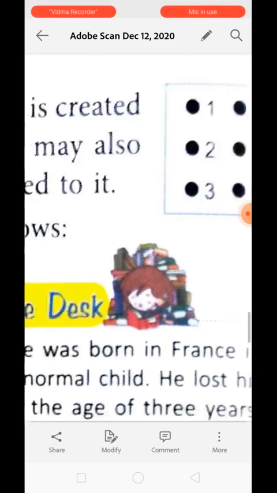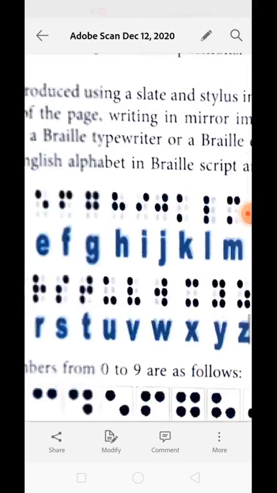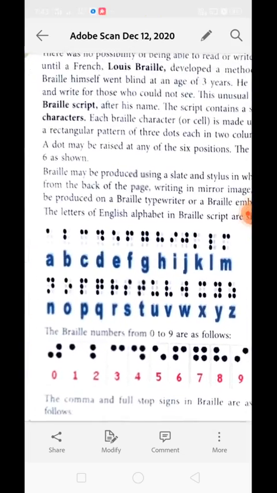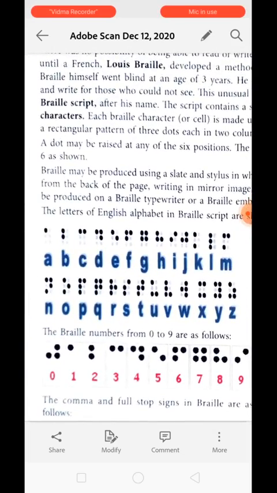Okay, so you can see over here, every letter has a specific position with raised dots. Understood? Braille may be produced using a slate or stylus, in which each dot is created from the back of the page. Writing is a mirror image by hand.